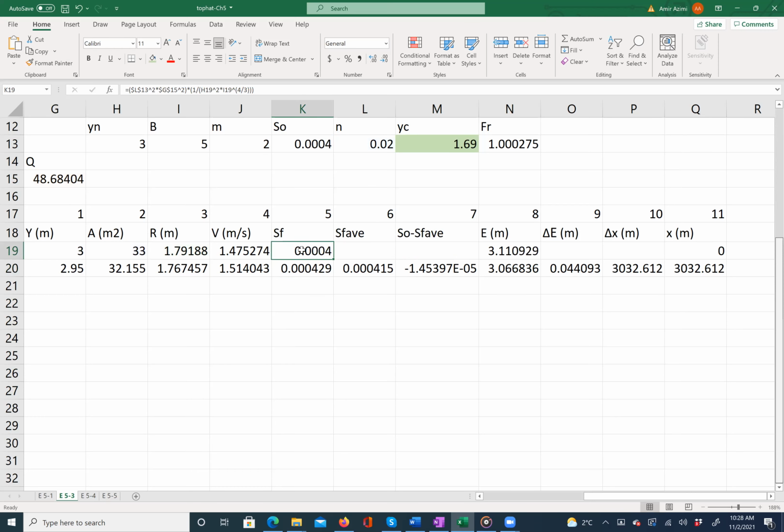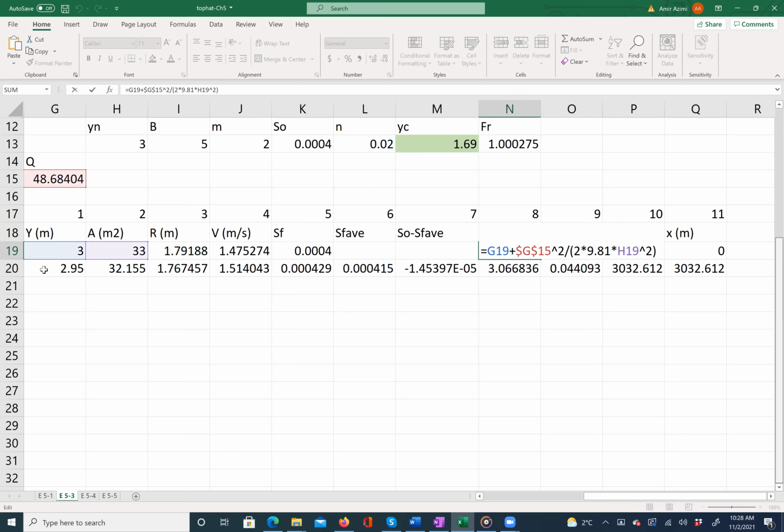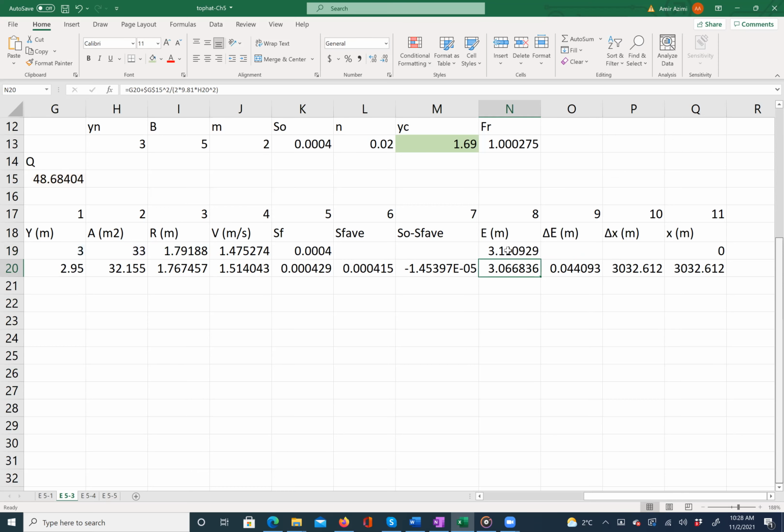So we calculate friction slope, and then we calculate specific energy, which is y plus v squared divided by 2g, or Q squared divided by 2g A squared. Or we could have used v squared divided by 2g. It gives us the same value.